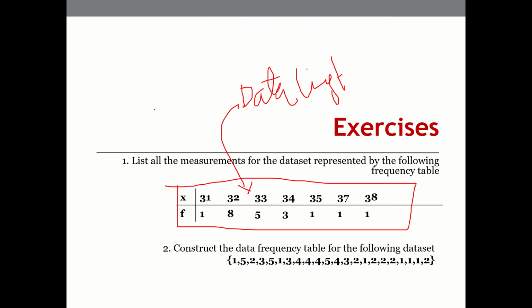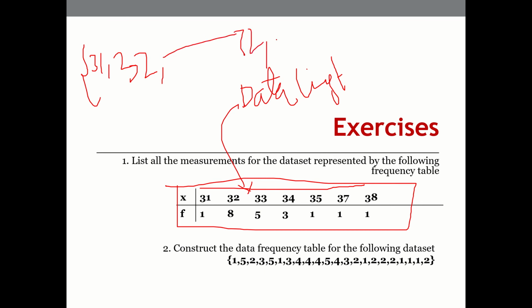Right. So we just count the number of times a single number is occurring. That's like the frequency. Yes, it's a kind of undoing the data set. Since it's already in ascending order, we start writing: 31, then 32, which occurs 8 times, then 33, 5 times.